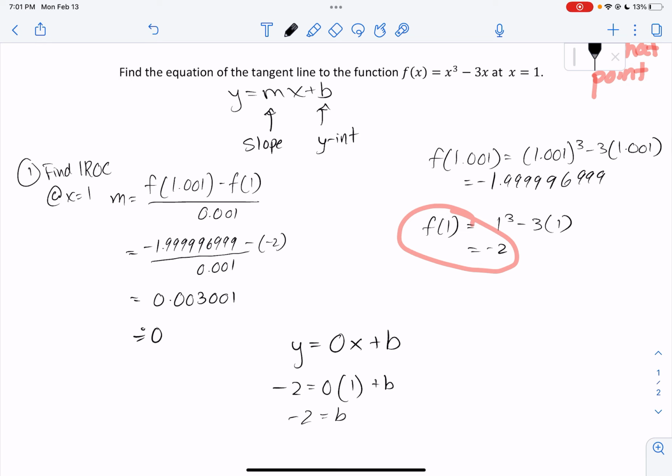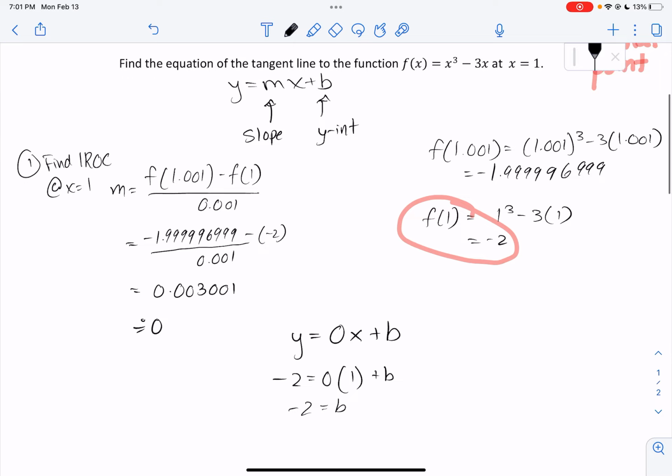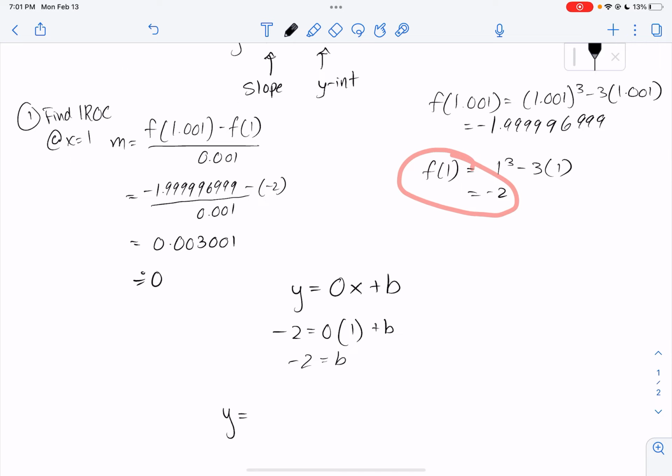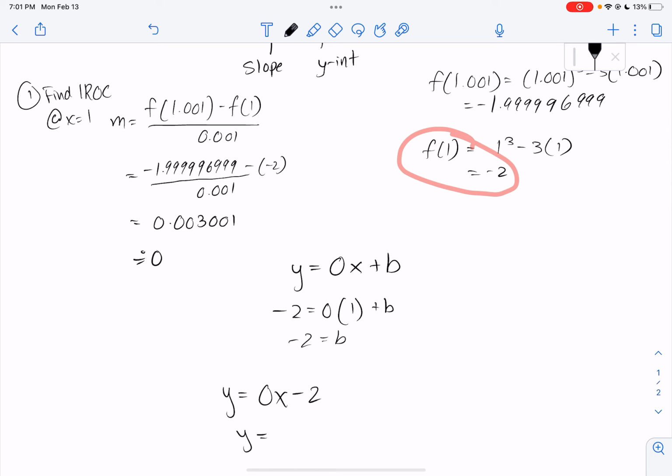The reason why I'm walking it through like this is because you might get a situation where m is something else. You might get m is 3, in which case you would have to follow these steps through to solve for b. So watch out for that. But otherwise, we have that negative 2 is b, so we can form the equation 0x minus 2, or just y equals negative 2.